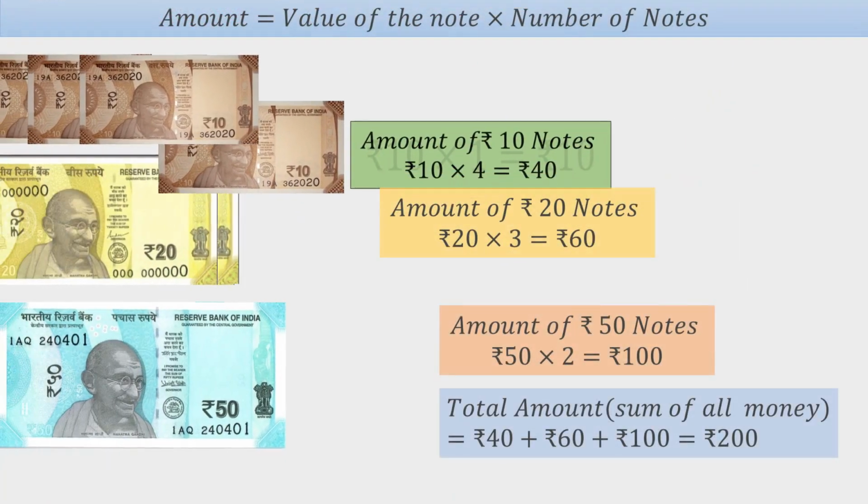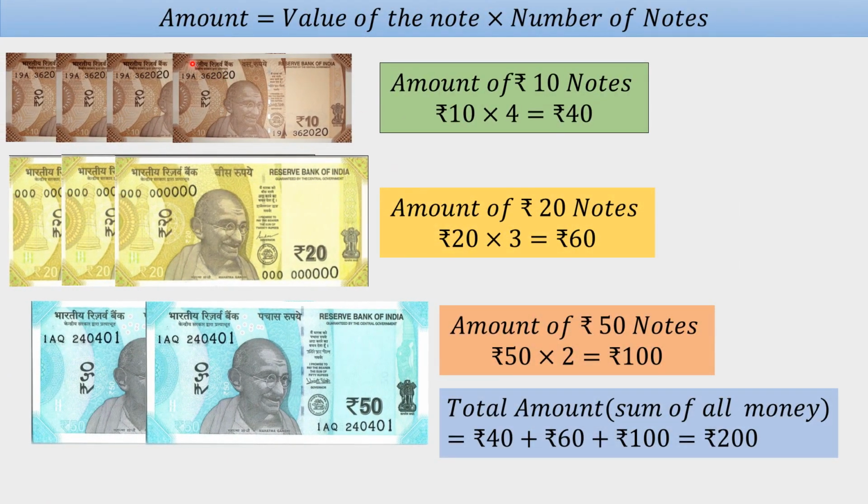हमने एप्लीकेशंस ऑफ लीनियर इक्वेशंस में डिनोमिनेशन का कॉन्सेप्ट सीखा था और सबसे इम्पॉर्टेंट कॉन्सेप्ट था कि अमाउंट इज इक्वल टू वैल्यू ऑफ द नोट मल्टीप्लाइड बाय नंबर ऑफ नोट्स, जैसे कि यहाँ रुपीज 10, 20 एंड 50 का दिखाया गया है. जैसे यहाँ 10 के 4 नोट है तो अमाउंट ऑफ रुपीज 10 नोट्स would be equal to 40. 20 के 3 है तो 20 into 3 is 60.